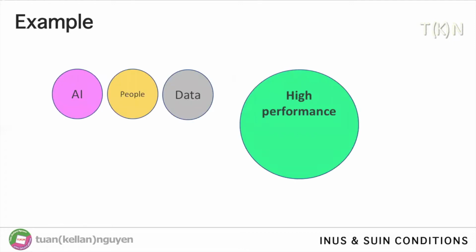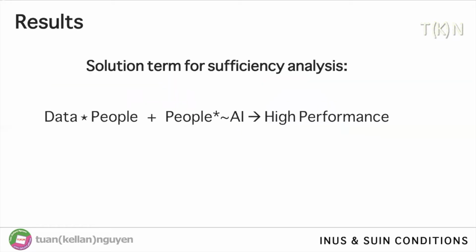Here, we have an example in which we might investigate the effect of three conditions, in short, AI, people, and data, on the outcome high performance. Our result shows the sufficiency solution term like this.